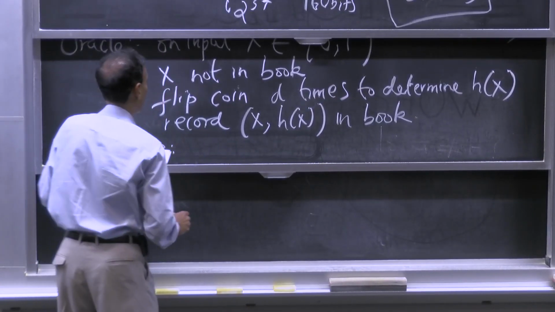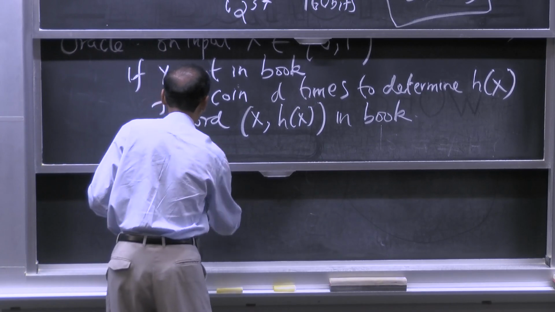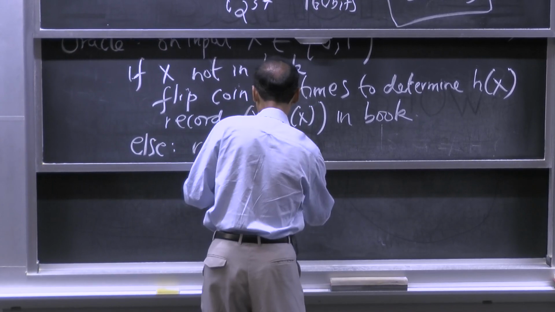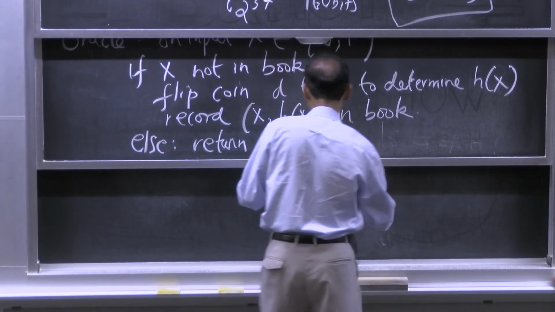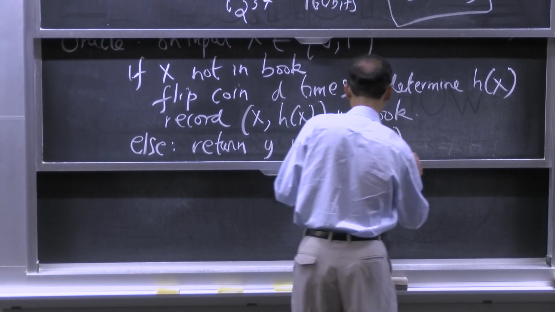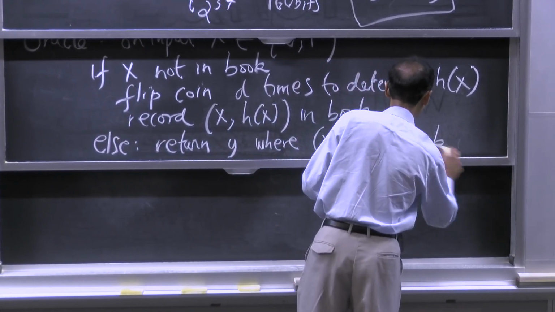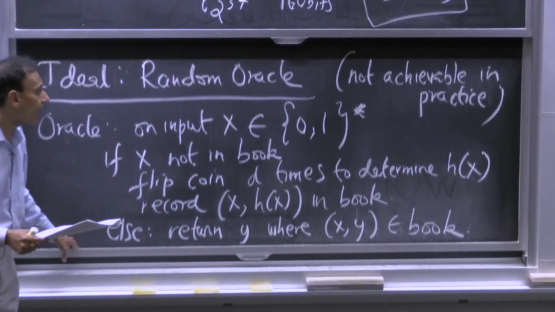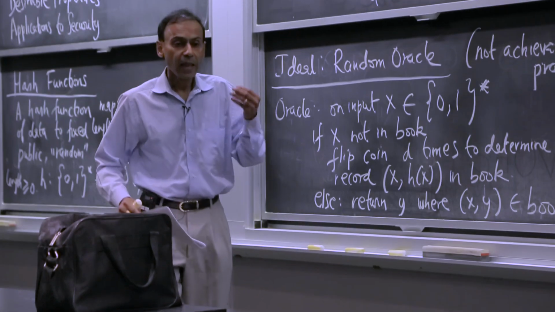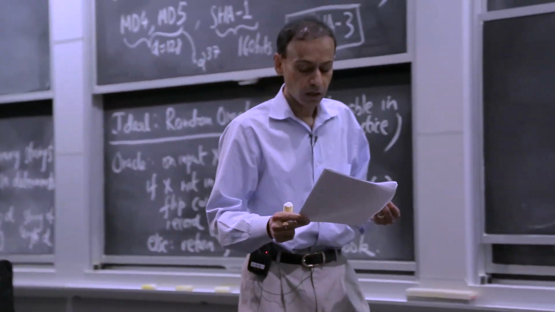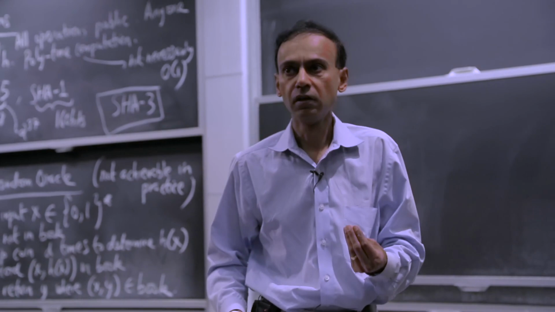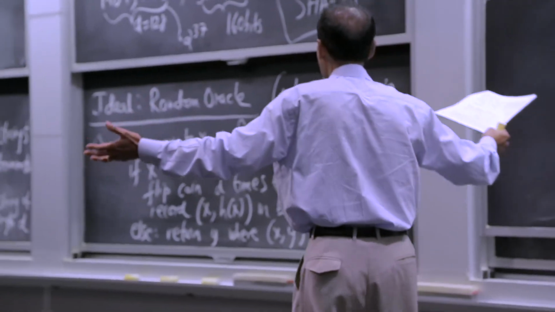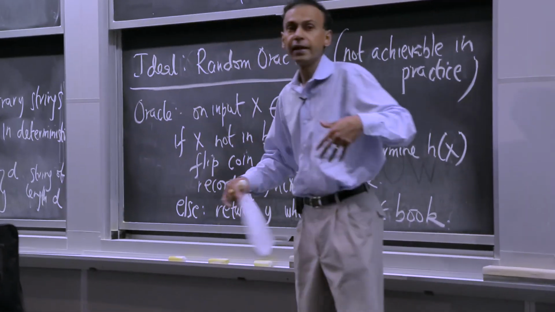And if it's in the book, well, this is obviously the important part that gives you determinism, where you return y, where x and y are in the book. Okay? So you get a random answer every time, except as required for consistency with previous answers. Right? So the very first time you see a string, and the whole world can query this book. It's public.